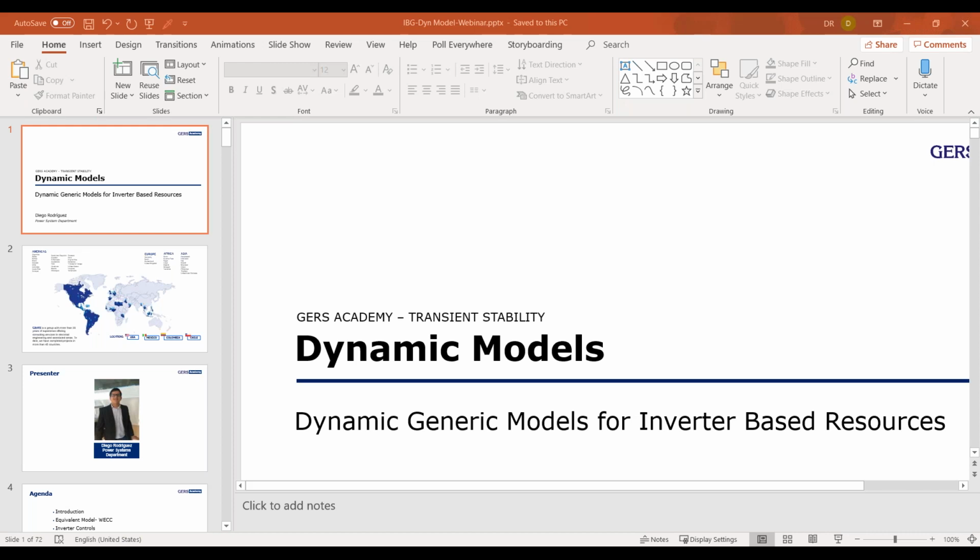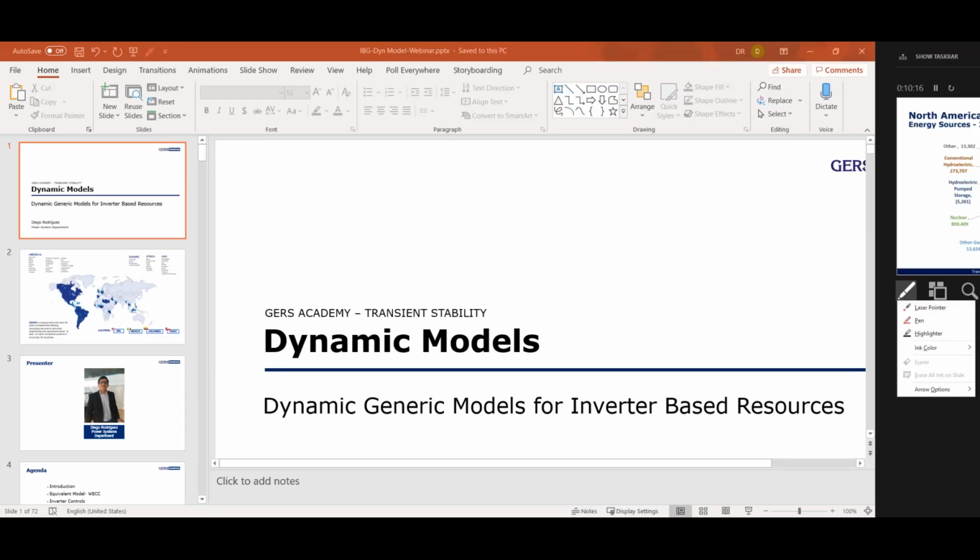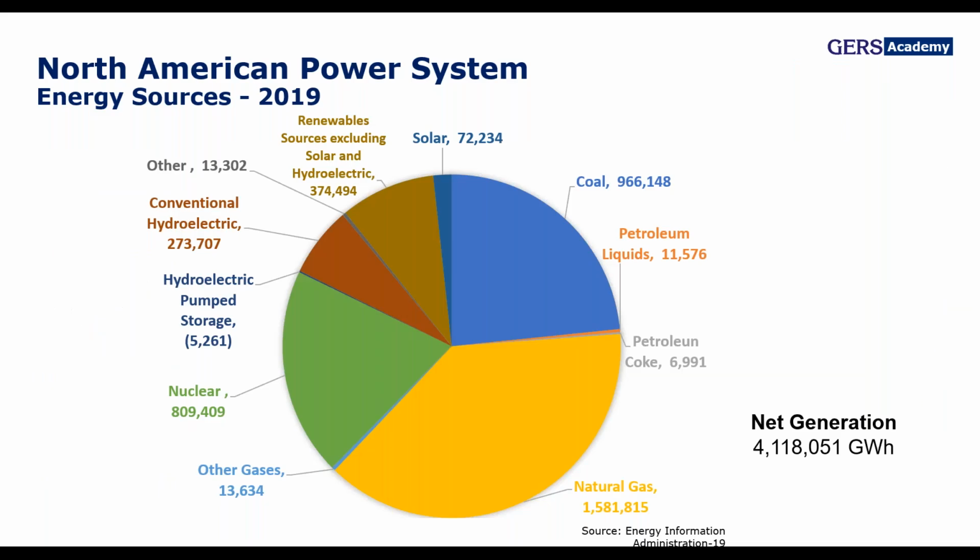What is interesting here is that the system still relies on conventional units such as coal and natural gas. We also have a good portion of nuclear energy and just a small amount of hydroelectric, and some other renewables such as solar and wind.